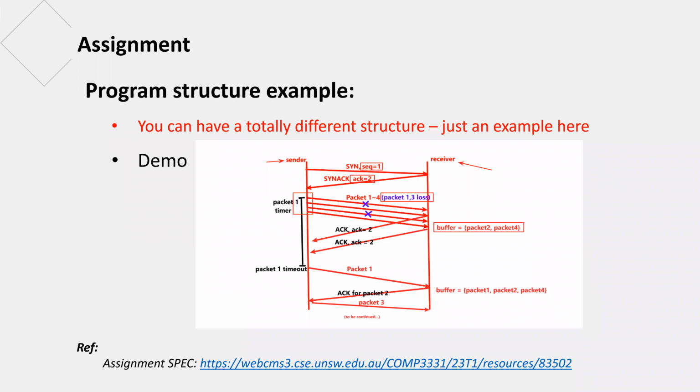So if you miss the first packet, do you have any idea what number 2 is here? Does it stand for ACK for packet 2, or ACK number equals 2? So what is this number 2 here?